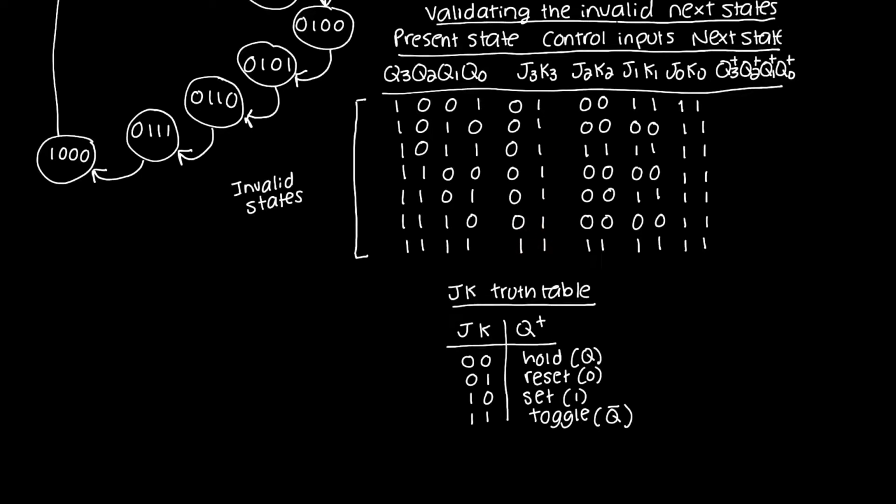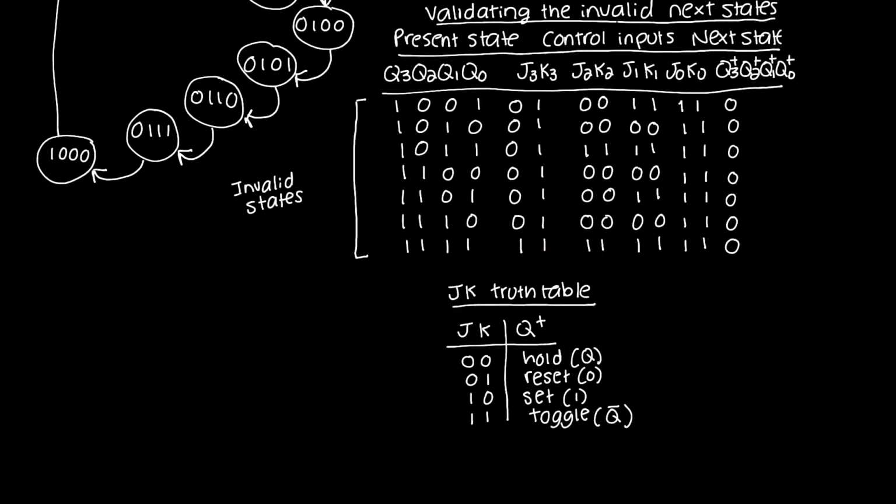In the reset condition, the next state Q3 is going to be 0, so for all these rows it's going to be 0. Then over here, I'm in the toggle condition. Q3 is high, I'm in the toggle condition, so next state Q3 is going to be low.